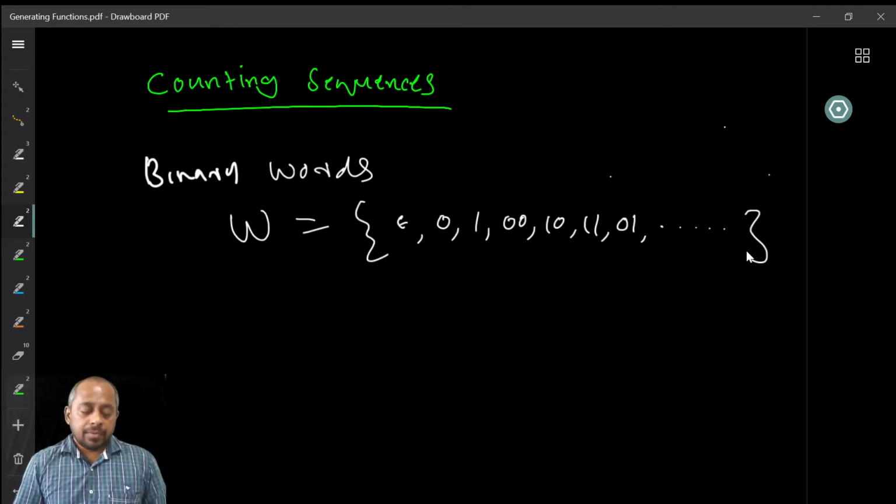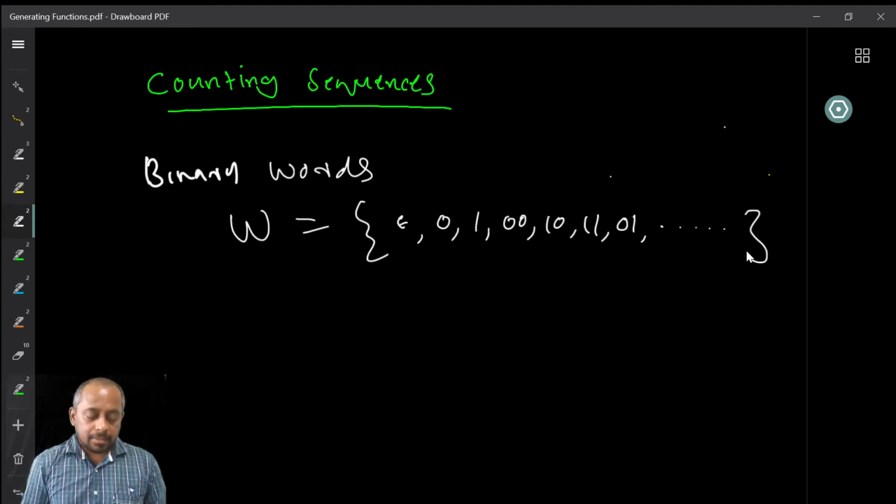Now, if you consider such a class of combinatorial objects, then you can talk about the size of an object. We can define whatever we want. For example, I say that the size of a binary word is the length, the number of zeros and ones inside.